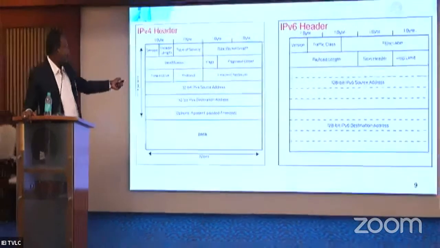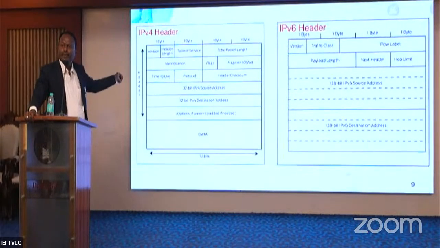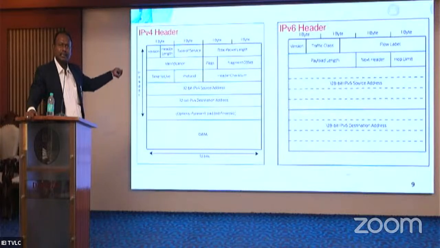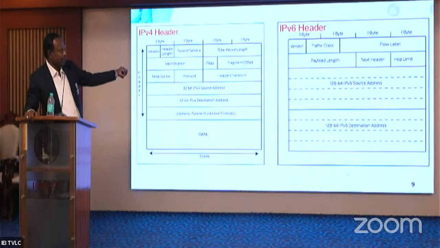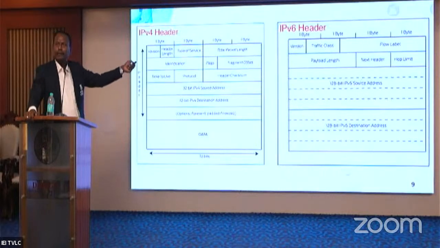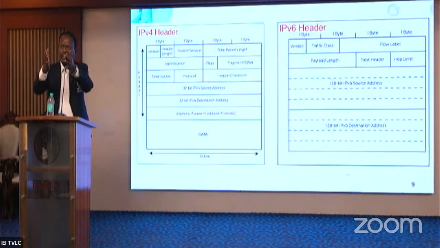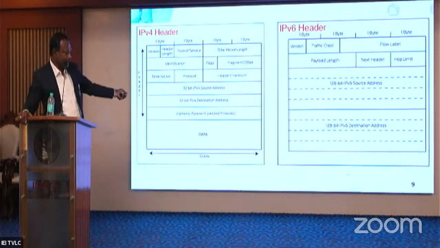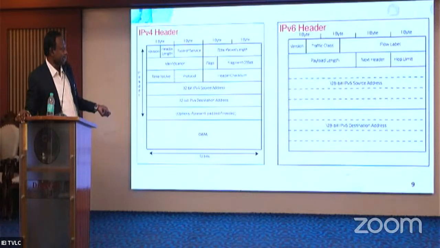There is a lot of information in IPv4 that is taken out in IPv6, and the header content is limited, as well as the number of bytes. In IPv4 it is variable length also. So those things were taken out.